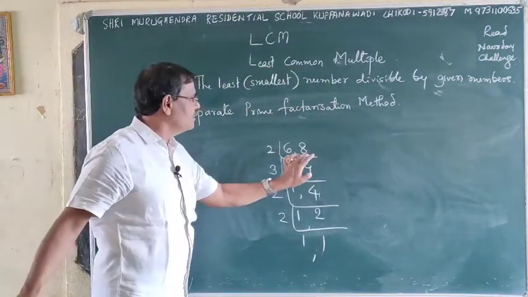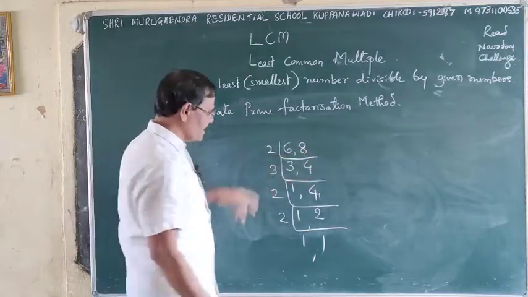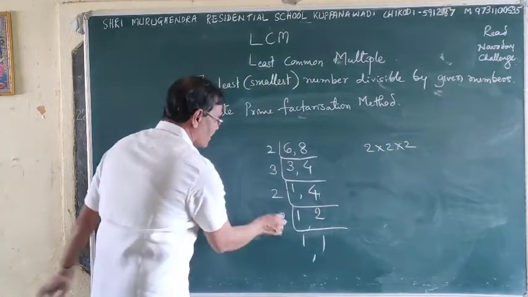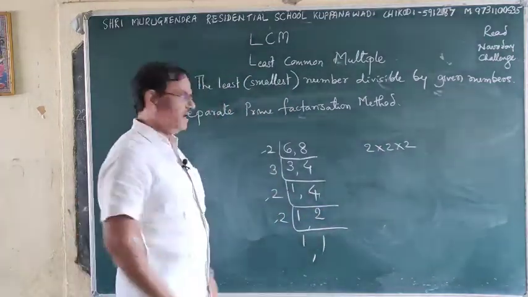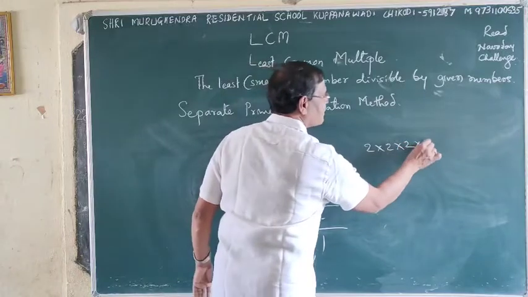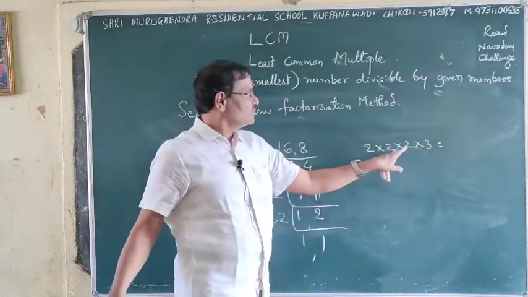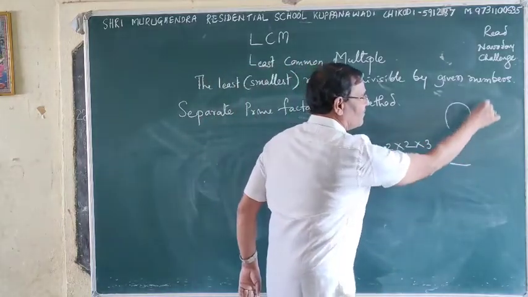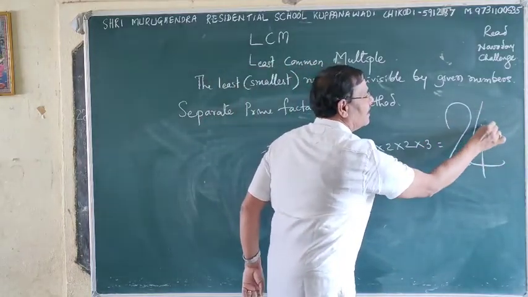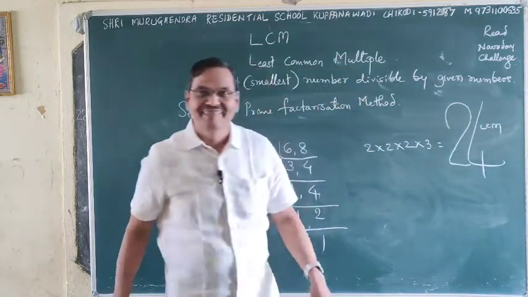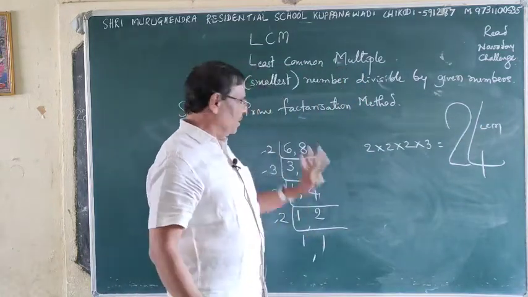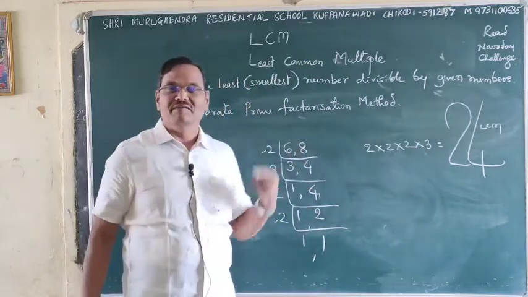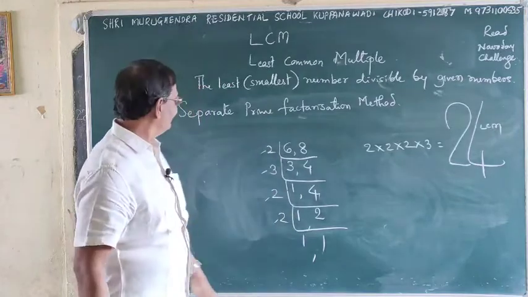All these two. There are 3 2s according to ascending order, and 1 3 is there. Then 3 2s are 6, 2s are 12, 2s are 24 is the LCM.